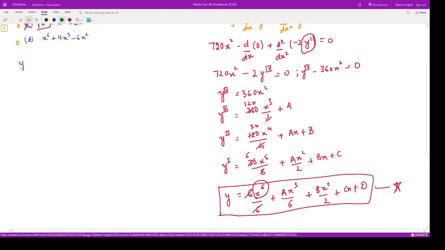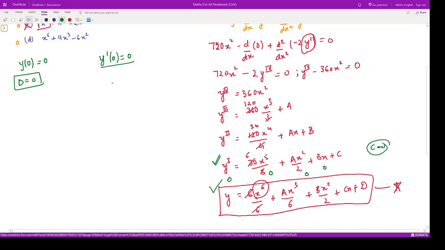We are given y at 0 is equal to 0, so let us substitute it in here. We have d is equal to 0. And this is y dash. Another condition we have is y dash of 0 is equal to 0. If we substitute, this would be 0, this would be 0, this would be 0, this would be 0, so we are left with c is equal to 0.